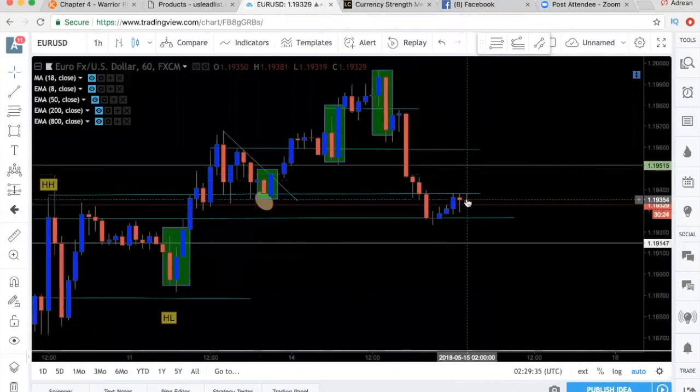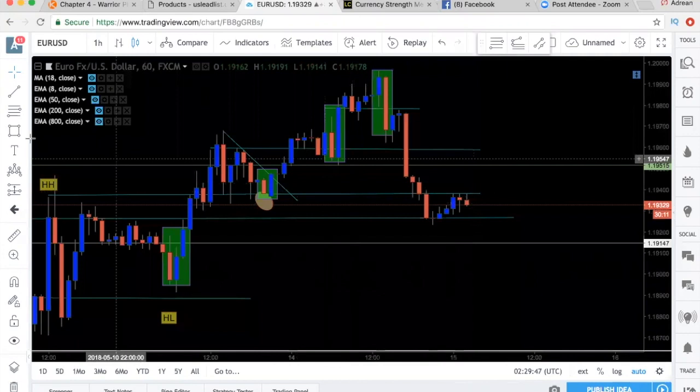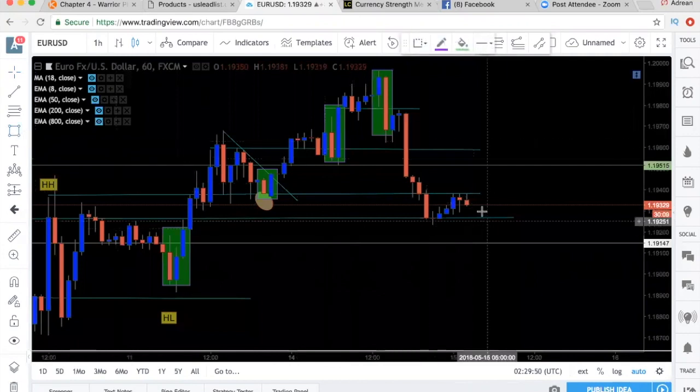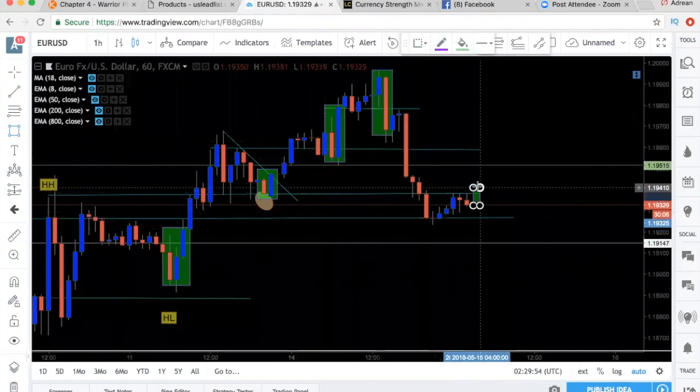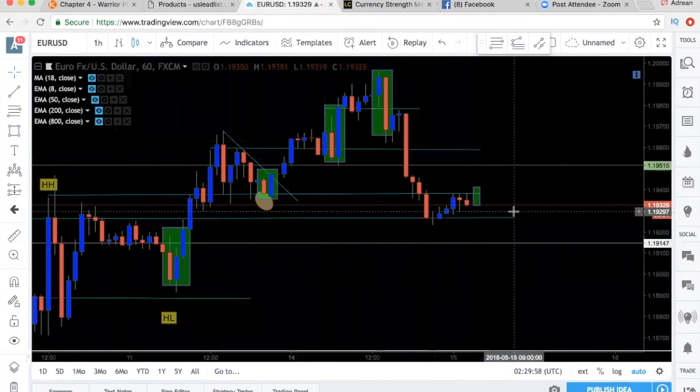Vice versa, if it closes like this, and the next candlestick becomes a blue one, formulates and crosses this area, right? It would look something like this. It does that.